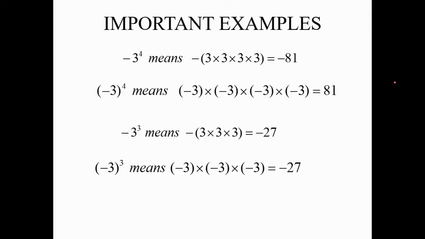And the reason why is because that is the difference between even exponents and odd exponents. Even exponents, if they are in parentheses, will always give you a positive number, while odd exponents will always give you a negative number. Okay?